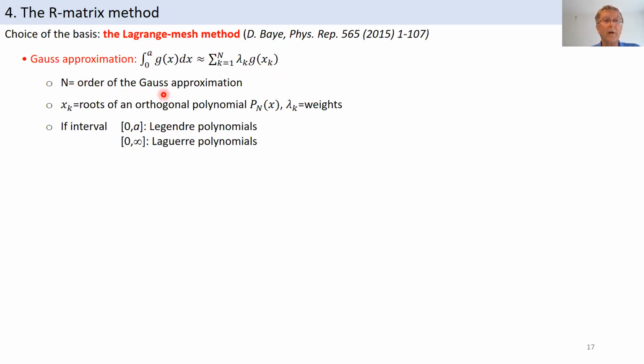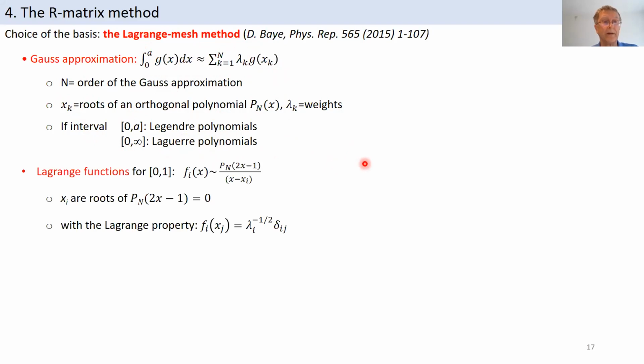So n is the order of the Gauss approximation, and the xk are the roots of an orthogonal polynomial. In that case, this is a Legendre polynomial. But you may have other intervals, for example, from 0 to infinity, and then you use Laguerre polynomials. And the lambda k here are the standard weights of the integral.